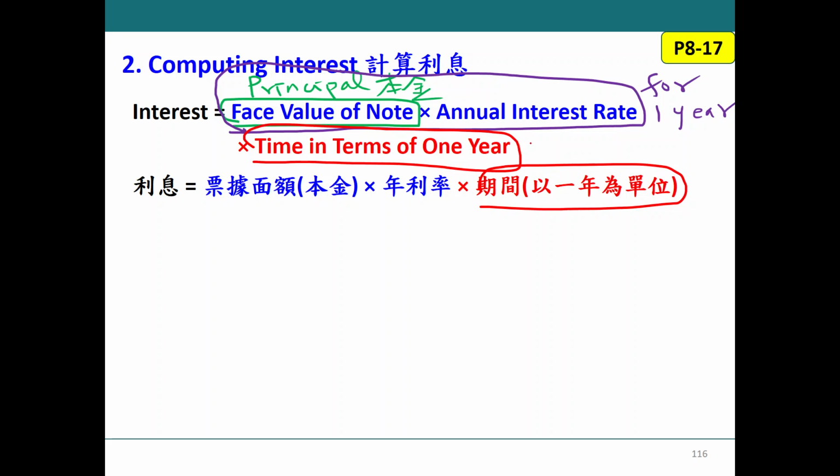The period you borrow the money, you owe the money. 欠款期间，借款期间。So that's how we find out the interest you need to pay, okay?